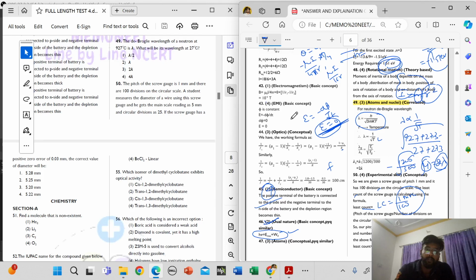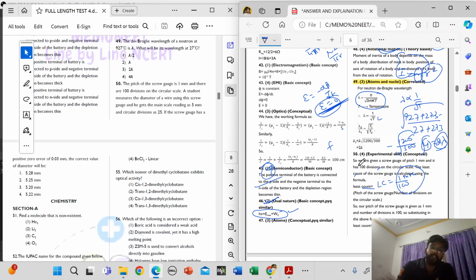So we want to know the reading that we have calculated, the thickness of the wire. The main scale reading is 5 mm, plus the circular division is 25.